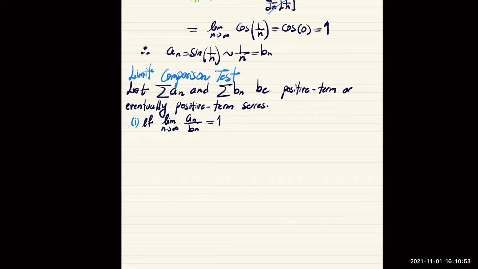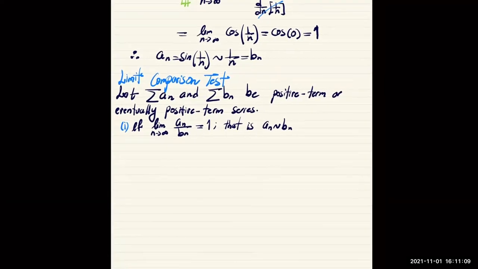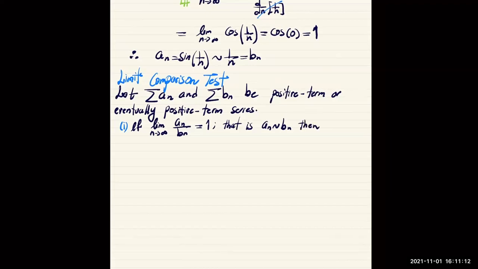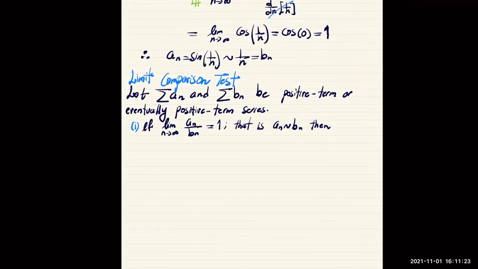The first one says that if the two sequences behave asymptotically the same, then the two series are going to behave the same. If the sequences behave the same, then the series behave the same. Which means that the series of a sub n and the series of b sub n both converge or both diverge.